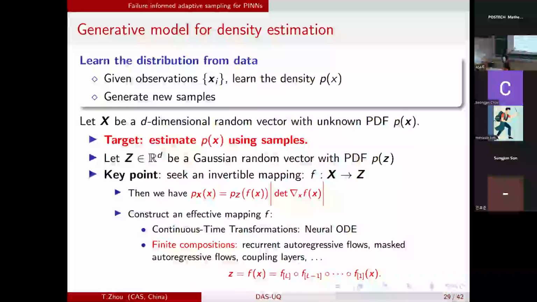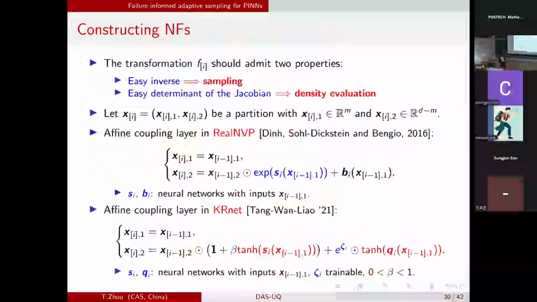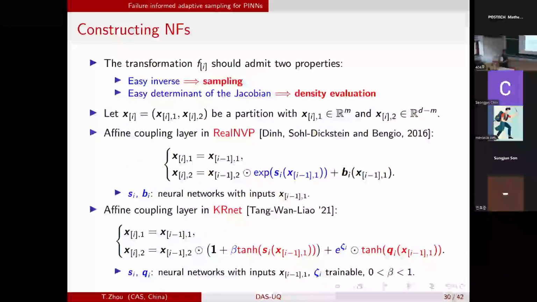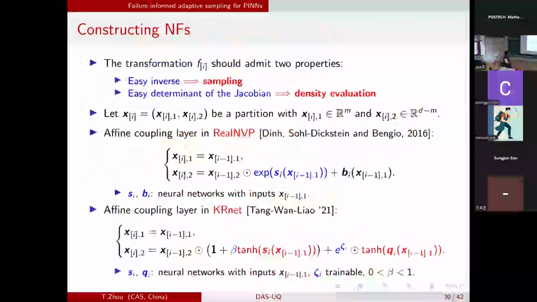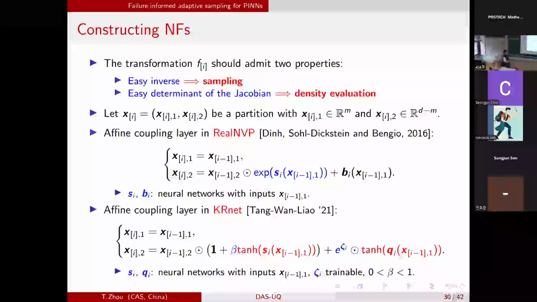The mapping should satisfy two main properties. One is easy inverse, because when you sample, you have to compute the Jacobi, and you have to do the inverse to get the formula. Otherwise, you have to evaluate the Jacobi of the transformation.